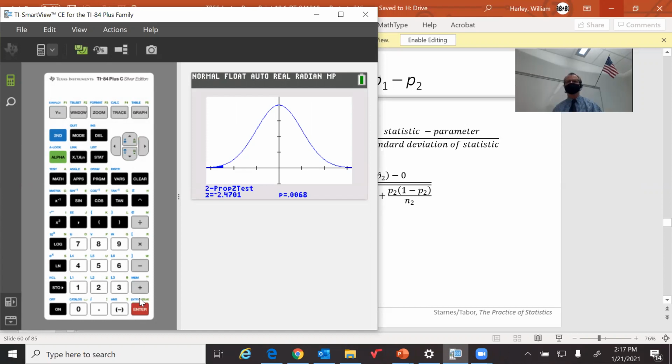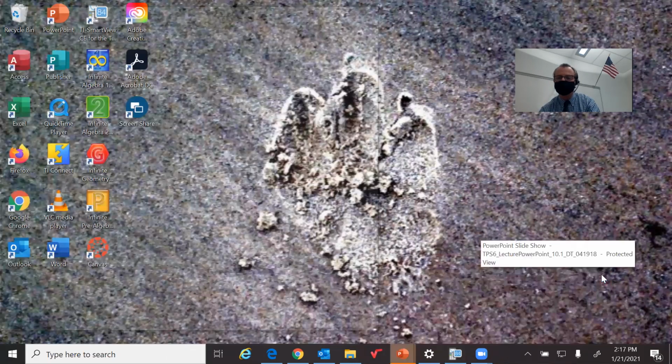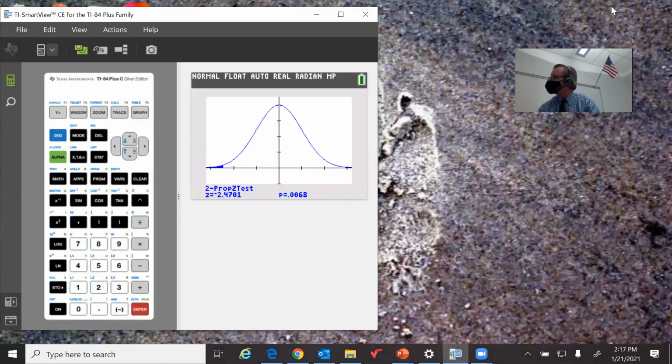Now, a couple things. You might not have that picture. Who doesn't? If you're using an antiquated calculator, you don't see the picture. You need to clear draw between the two.